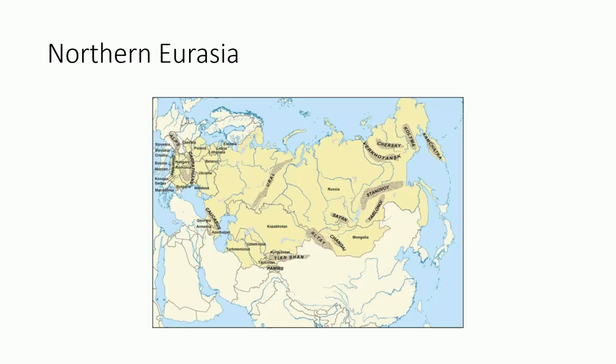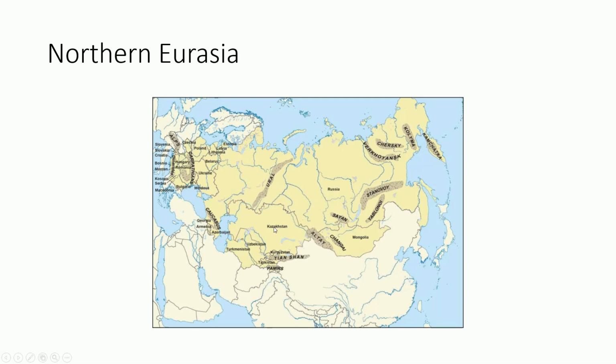Next is Northern Eurasia. This is a very, very large region in terms of just its size, primarily because Northern Eurasia is dominated by one country, the country of Russia. Russia is the largest country in the world by land area. But Northern Eurasia encompasses more than just Russia.